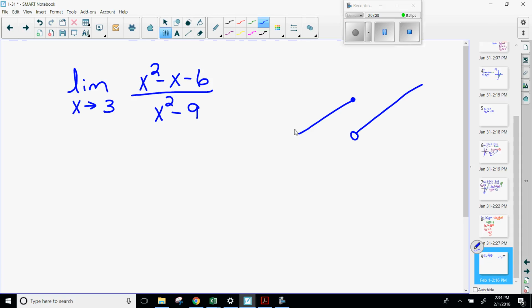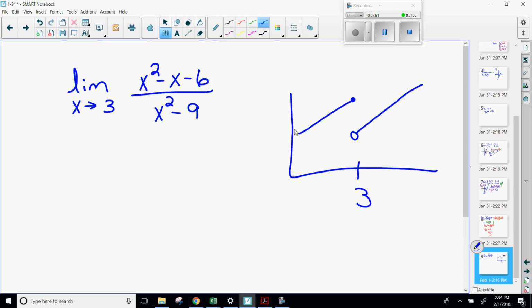Piecewise function. Would the limit as x approaches 3 exist here? No. Now I realize that's not specifically a piecewise right there, but that's a possibility of what could happen.